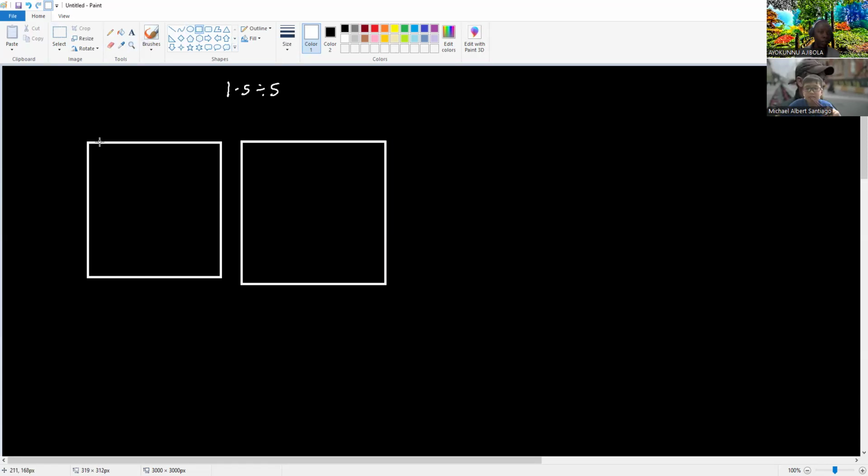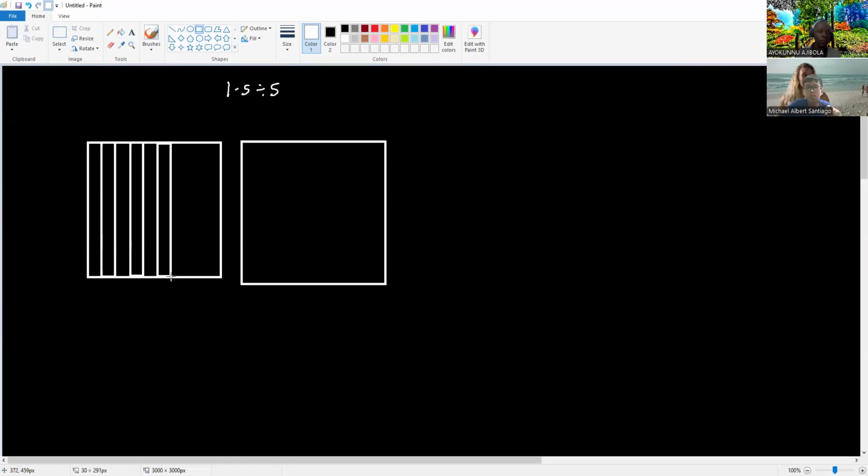So if I want to divide, I can just go ahead and say 1, 2, 3, 4, 5, 6. I need 4 of them. And this is 3, and probably I can have a 4th space here.